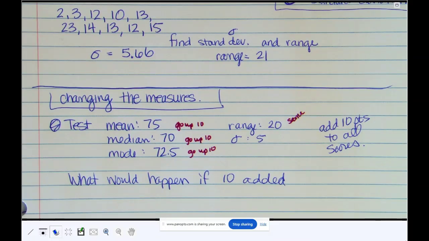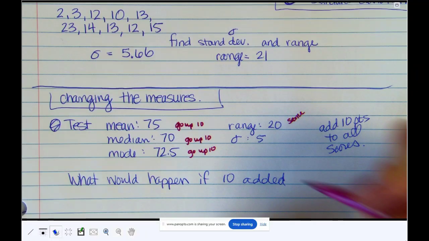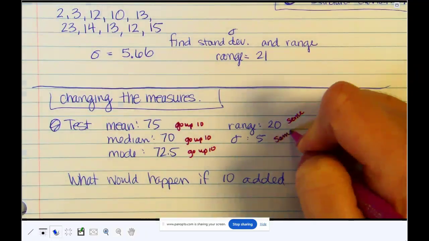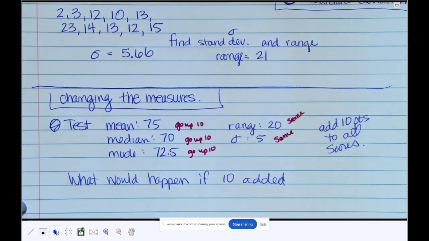I'm not changing how spread apart they are. I'm just giving everybody 10 points. So sometimes you can figure out what's going to happen without having all of the numbers to do it.